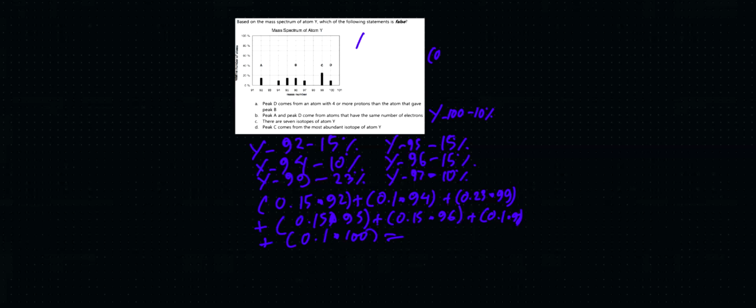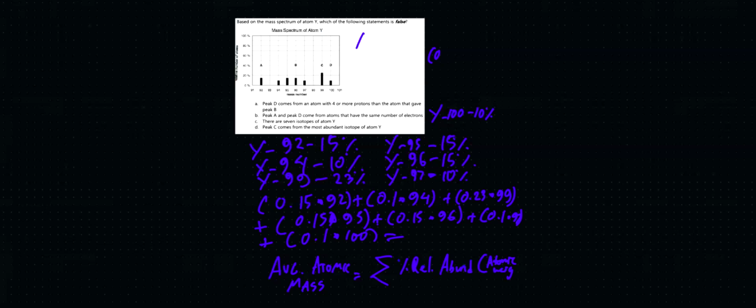So here we can derive a formula: the average atomic mass equals the sum of the relative abundance times the atomic weight.